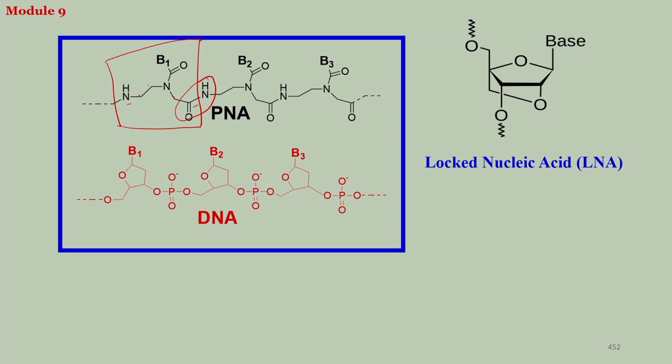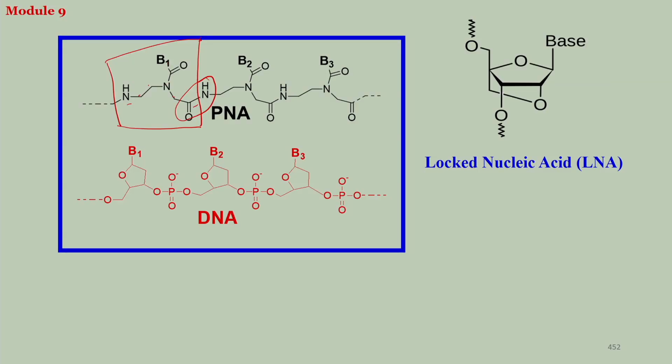So, you will be using the same chemistry as the peptide coupling that we have done before, and that is the difference with DNA. In DNA you had a phosphate, now you have a peptide; you had a sugar, now you have this. Later, once the PNA is finished, I will talk about the LNA, which has this structure.